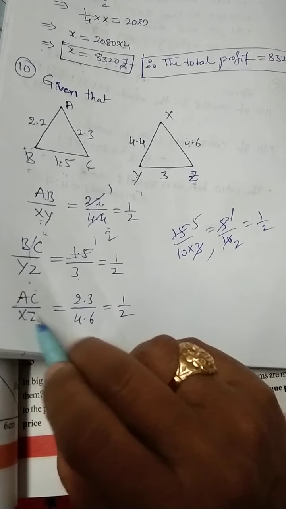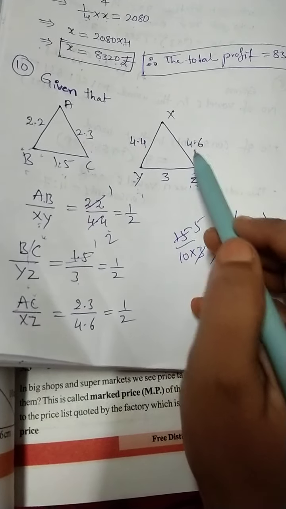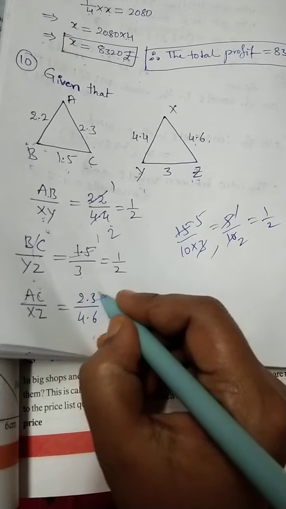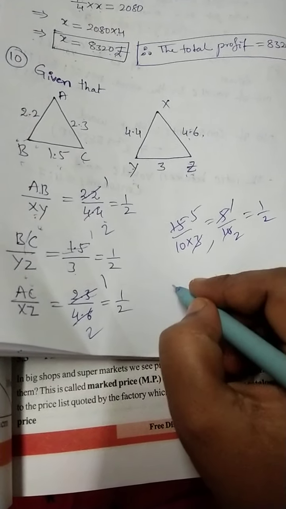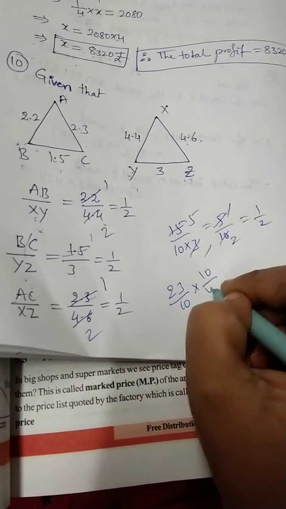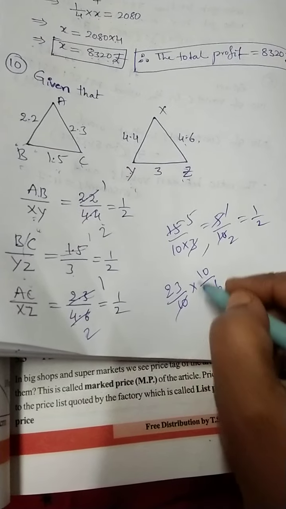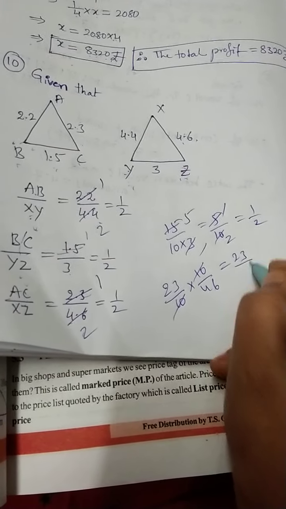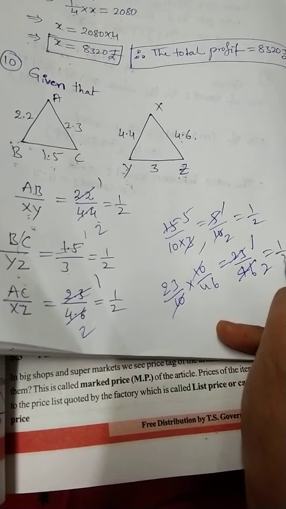Next, AC by XZ: AC is 2.3, XZ is 4.6. Directly, 23 ones are 23, 23 twos are 46. Otherwise, you can take 23 by 10 into 10 by 46 if you remove the decimal point. 10 will cancel, leaving 23 by 46, and you get 1 by 2.